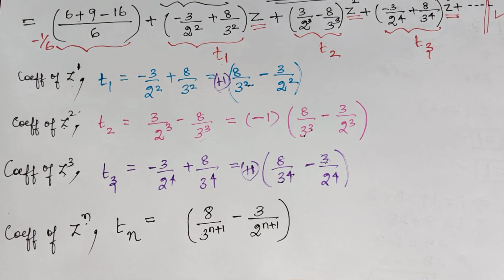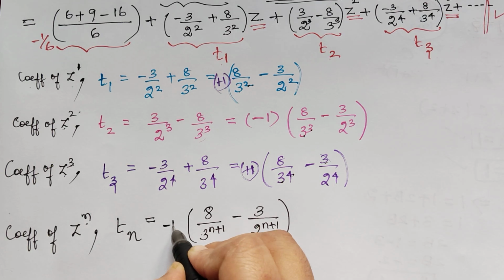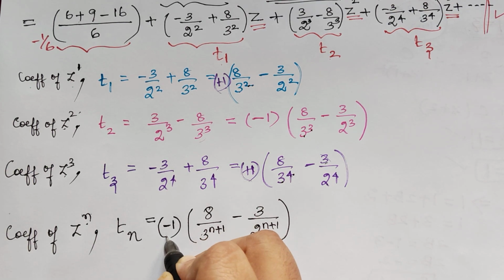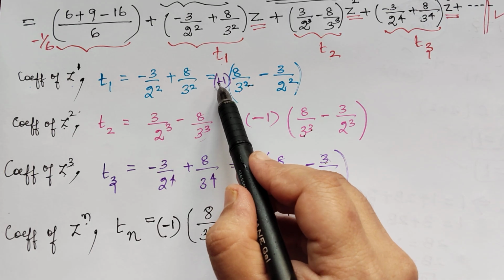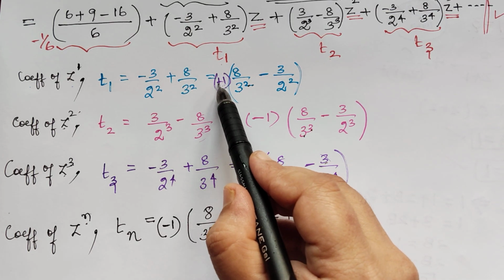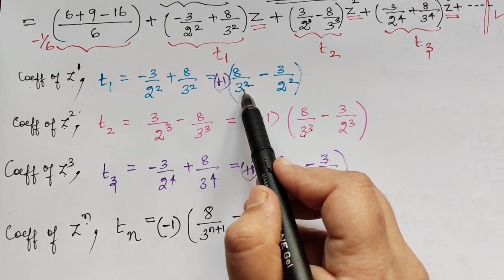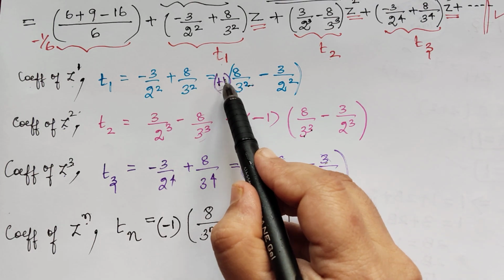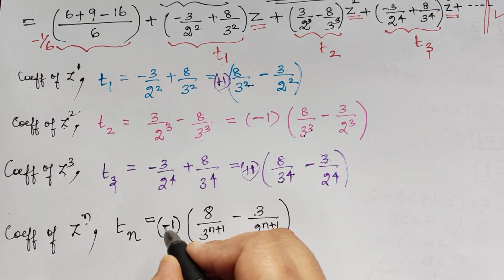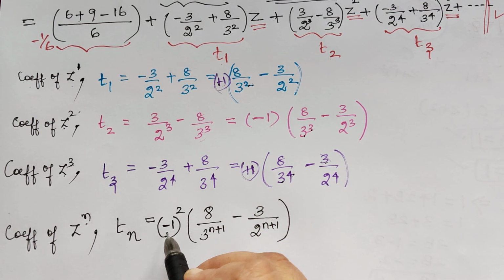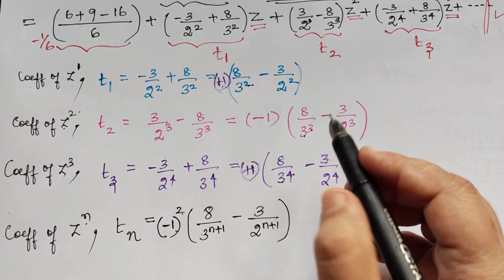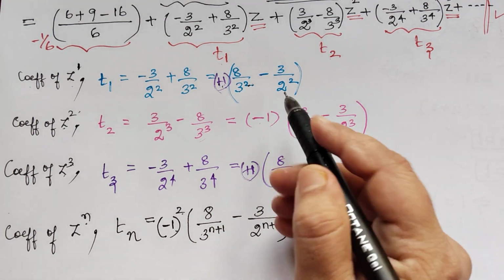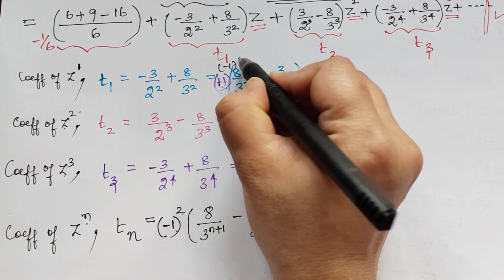And what about the outside? Outside you have to have a negative 1 to the power something. Now if you see, here you have plus. So if you want plus 1, you should write it as minus 1 square, because the power of 2 and minus 1 power will be same. So when you see minus 1 square, it will become plus 1. And here it should be minus 1 power 2.